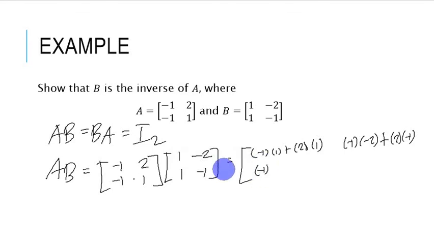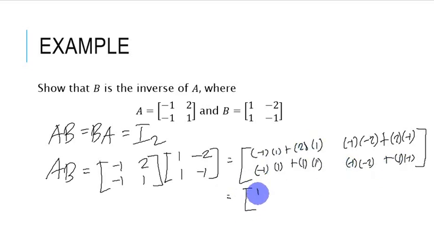Then I'm going to have negative 1 times 1 plus 1 times 1. Then I'll have negative 1 times negative 2 added to 1 times negative 1. Simplifying these expressions, this is actually 1, this cancels out as 0, this cancels out as 0 as well, and this is 1, which is actually our identity matrix of order 2.